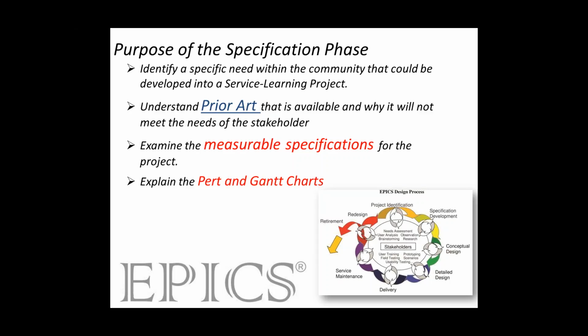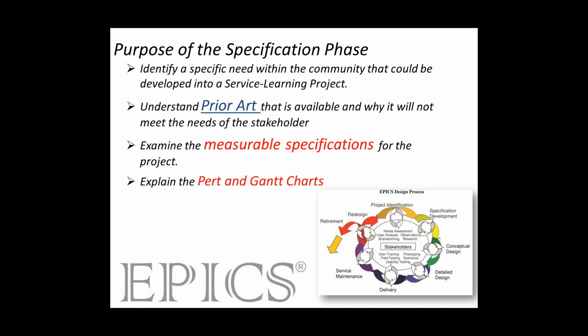They also are looking at specifications. What that means is that their project, whatever it is, would have smaller parts that they may have to break down. Like in one school, they're talking about doing a butterfly garden. The butterfly garden may have an educational component, and that educational component would be broken down into smaller pieces that would need to happen.